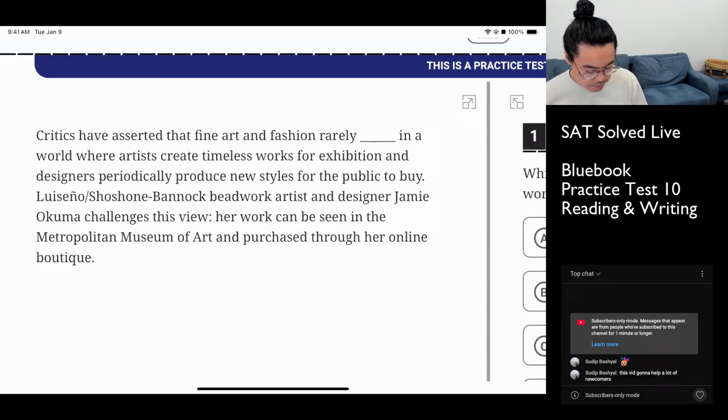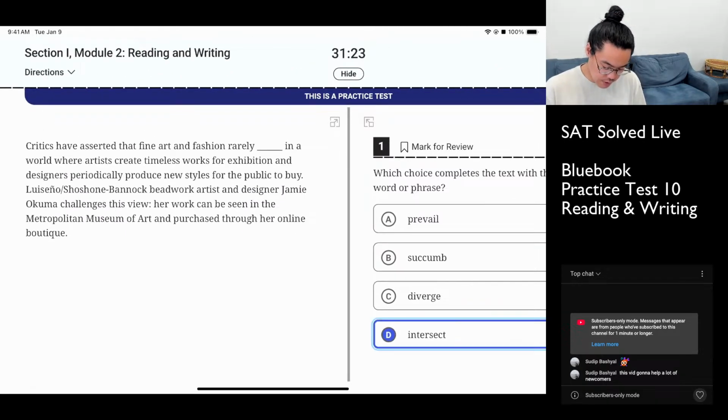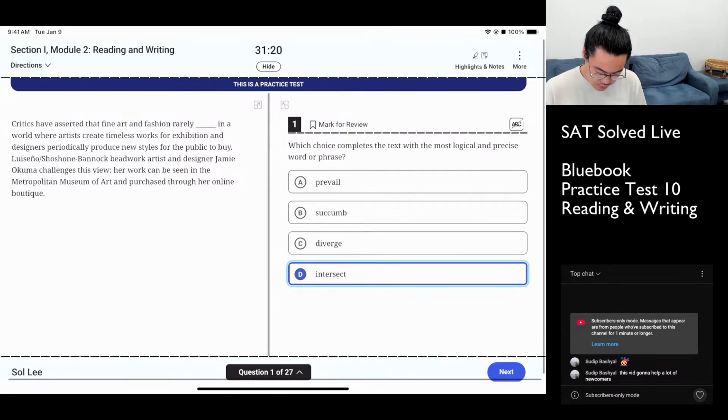Critics have asserted that fine art and fashion rarely connect, where artists are timeless for exhibition and fashion designers are periodic for purchase. But this one person is challenging the view, so rarely intersect because she intersects, but it's rare for that intersection to happen. So, intersect, that is correct.